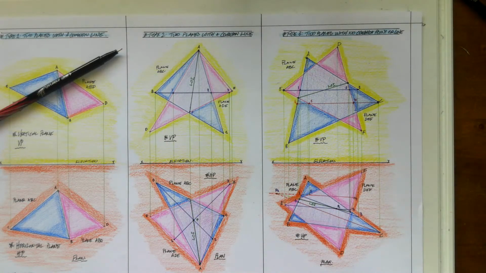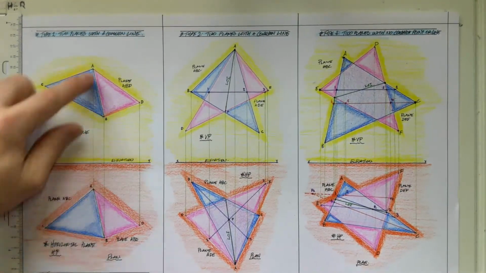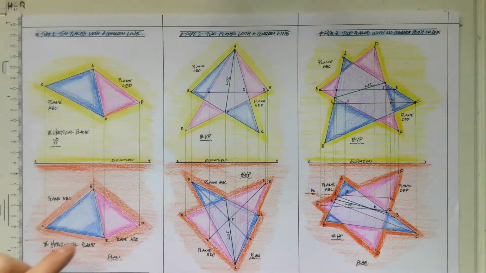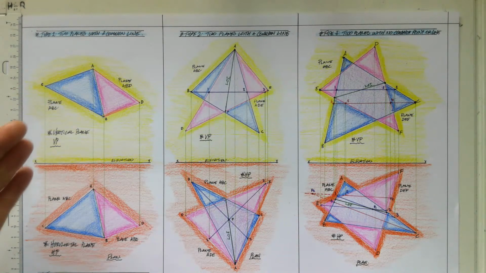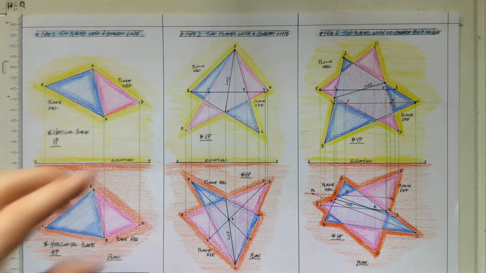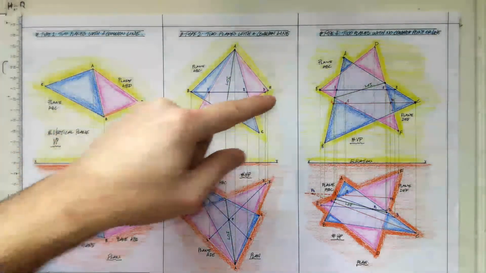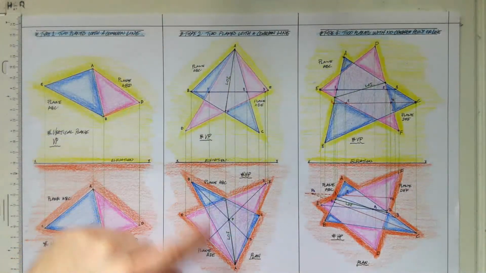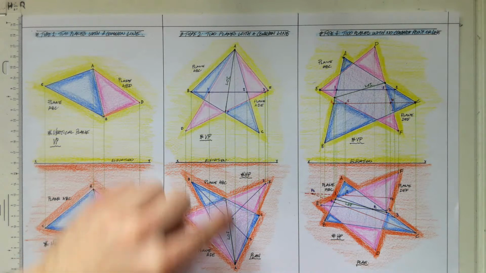So, as you can see, with the methods that we have here, the first one, we had the line of intersection given to us due to the arrangement of the planes, and they both sharing two common points, which gave us a line, and that being a line of intersection. Here we had one common point, so we had to take a cutting plane, generate a series of points that we could connect in plan to give us a second point on a line of intersection, so we could actually form the line.